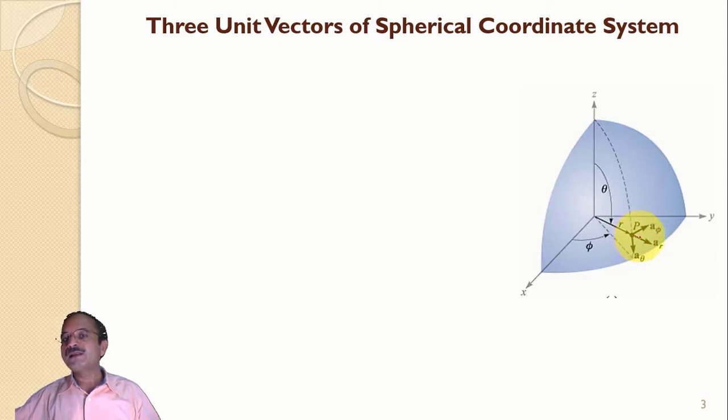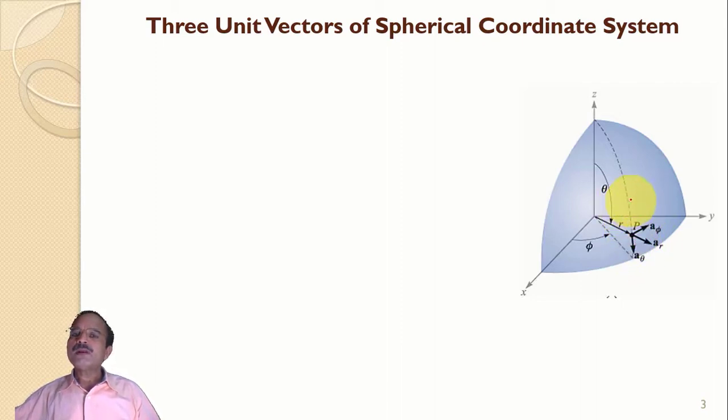So that's why this is the direction of A r. In the same manner at point P, this is the direction along which the angle phi increases. So that is the direction of A phi. And at this point P, this is the direction along which theta increases. So that is the direction of A theta. So at point P, these are the three unit vectors, A r, A phi and A theta.